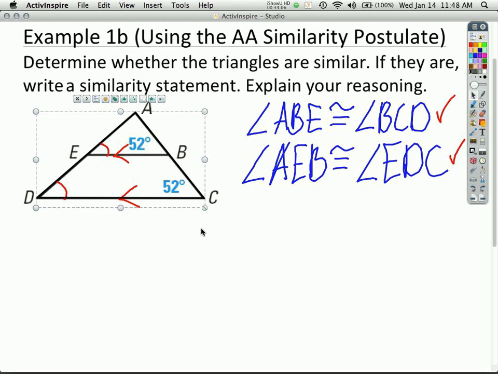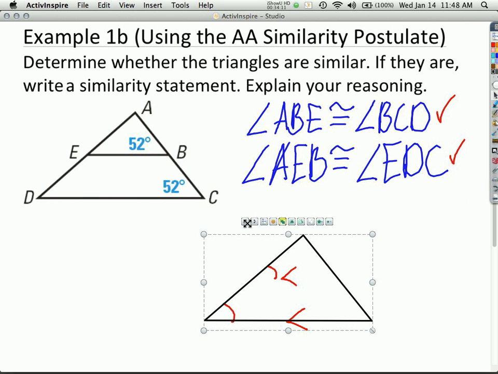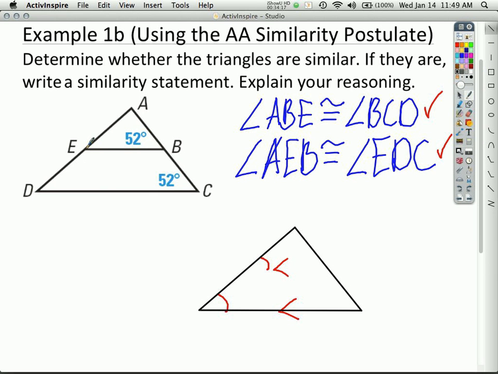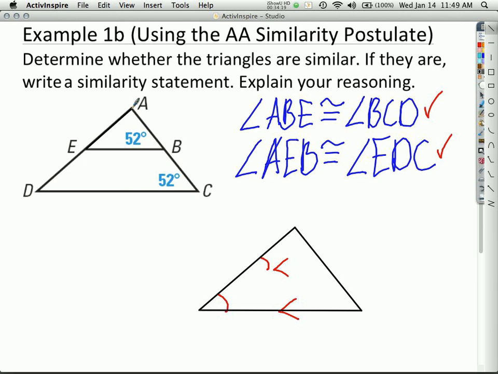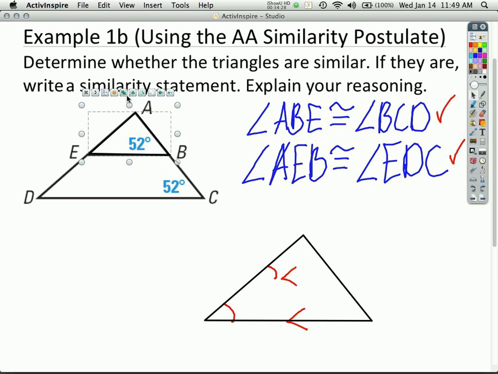This is going to get a little messed up, but that's okay. So now I have this, but I also had another triangle right here. And if you label them separately, not perfect, but close enough.